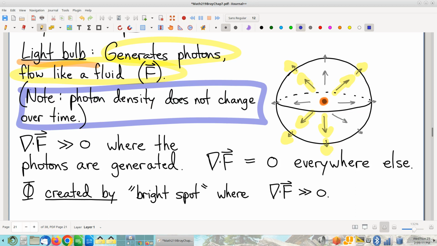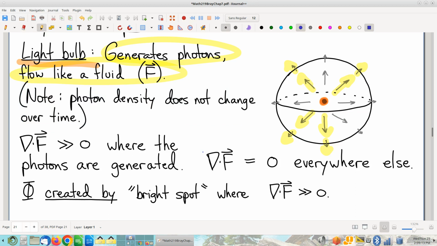All right, so what is this vector field? How do I understand this vector field here? And there's a few things to say about that. Again, this isn't a physics class, and I'm going to kind of wave my hands at some of these things. But if you were to write down the formula for this vector field, and if you were to compute the divergence, here's what you would get.